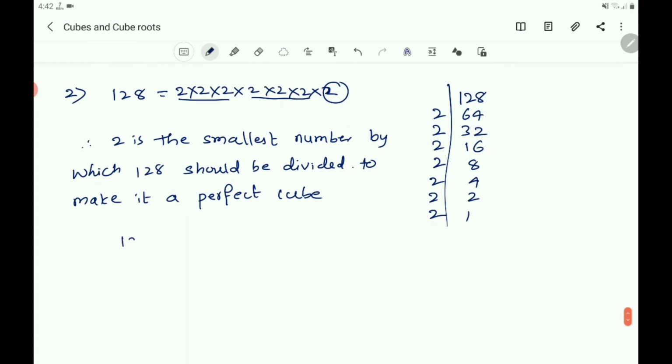So if you divide 128 by 2, you get 64. 128 divided by 2, 2 6s are 12, 8, 2 4s are 8. So you will get 64, which is a cube of 4.